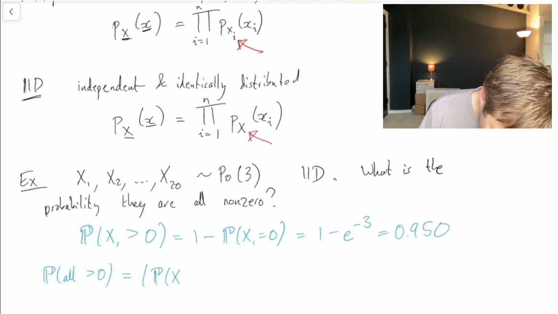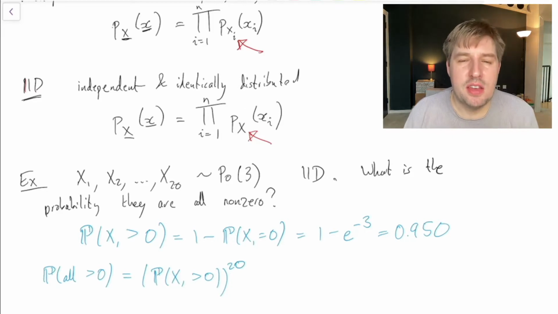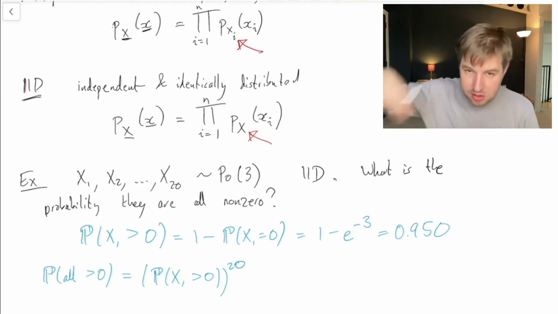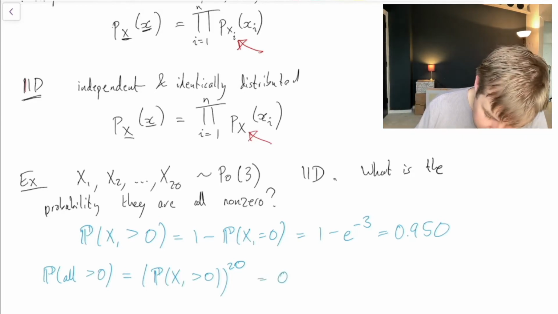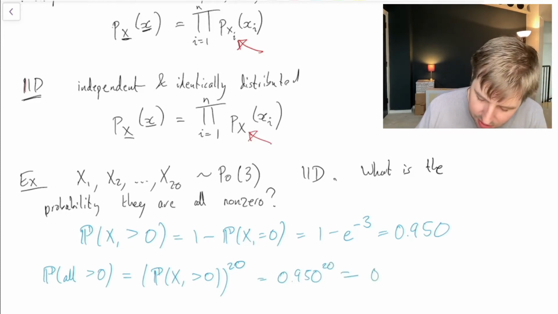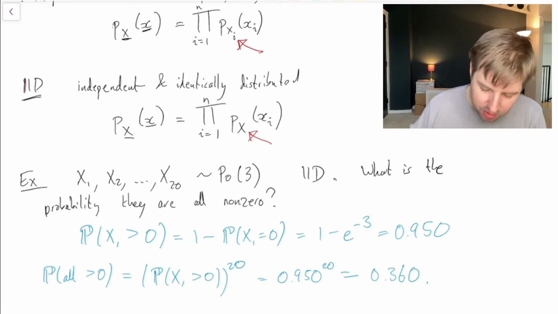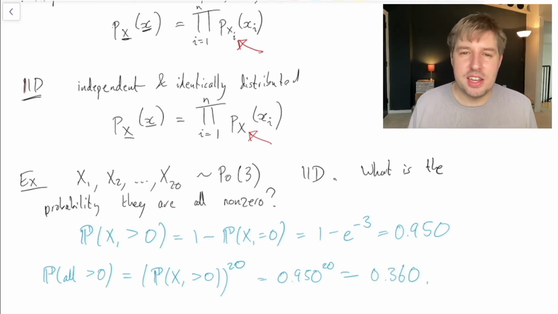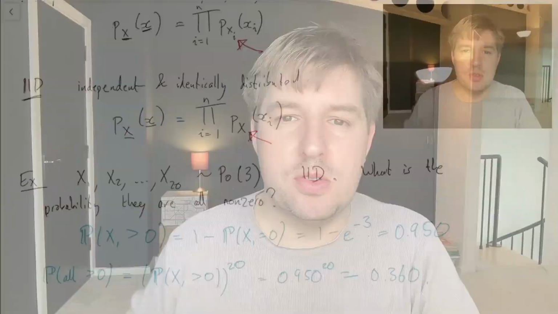And because those are all the same, we can just use number 1 as an example and raise that to the power of 20. So this is this 0.95 number to the 20. When I typed that into my calculator earlier, I got 0.360, the probability that those independent and identically distributed random variables were all non-zero.